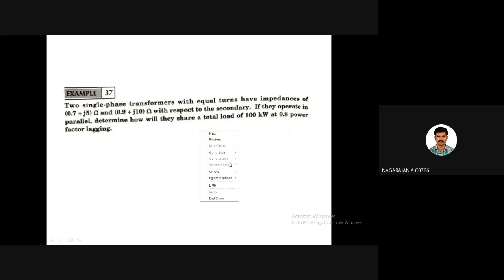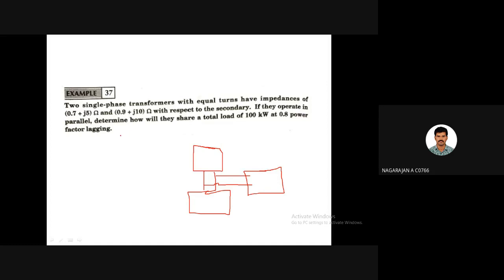Okay, look at this diagram. So we have two transformers connected in parallel, and these two are sharing a load. In this problem they have mentioned these two transformers have equal turns, which indirectly means the ratings of these two transformers are the same.